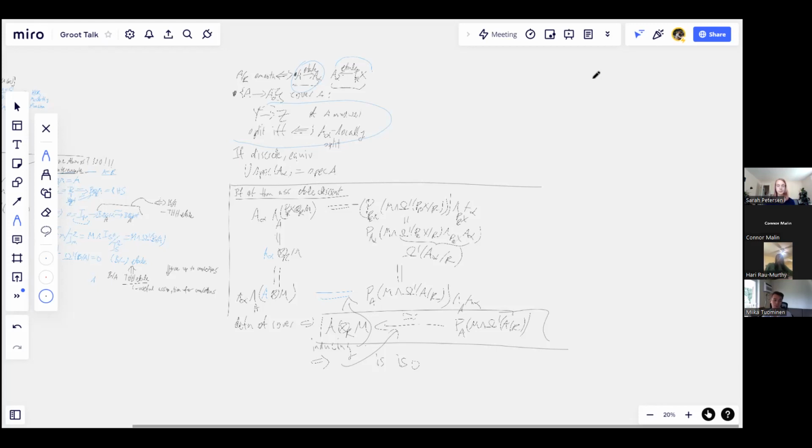And so do you think this is not true when you don't have this property? Do you have examples where it fails? I don't actually. I think I might be able to prove that if I have a cover in a different sense. If I just want the cover to be faithful, so that if I have a map from M to N which is an isomorphism locally, then it's an isomorphism globally.